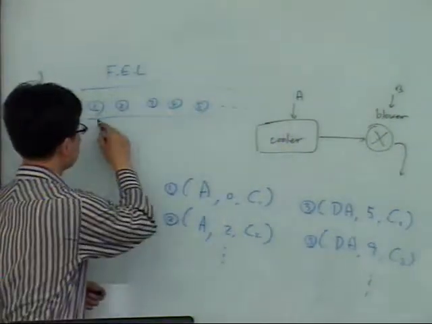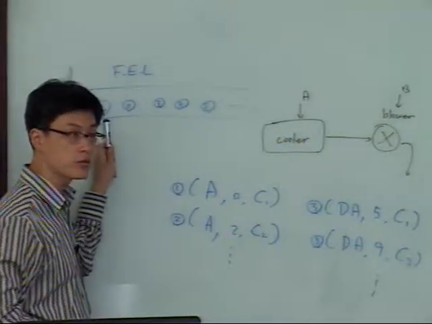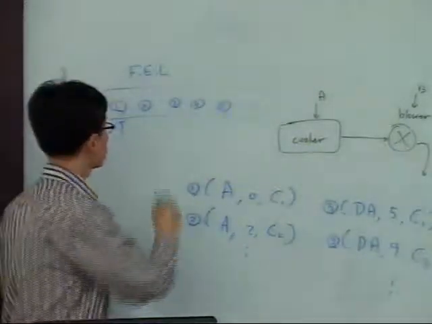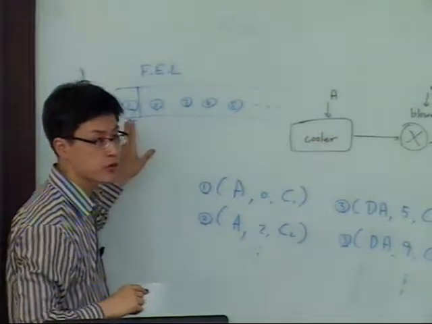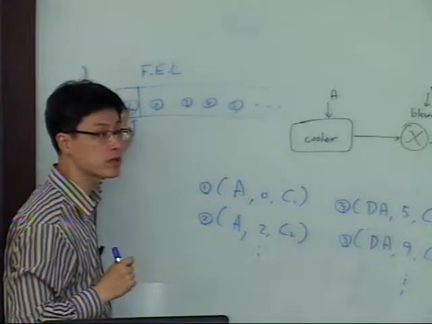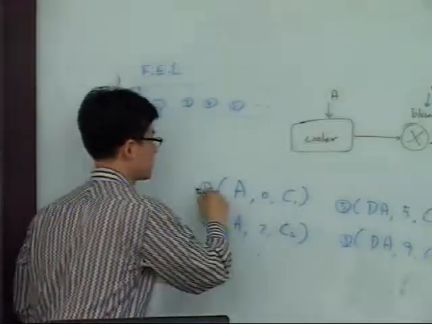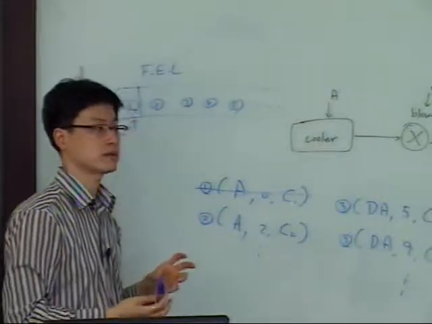Okay, the current clock is at time 0. At time 0, in the future event list, the first one will pop out, which means at time 0, this number 1 event just happened. Okay, so it is destroyed from our future event list.